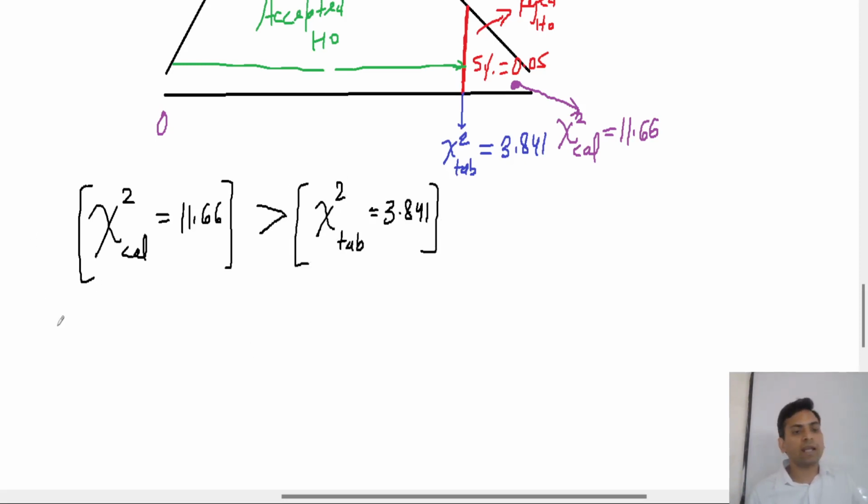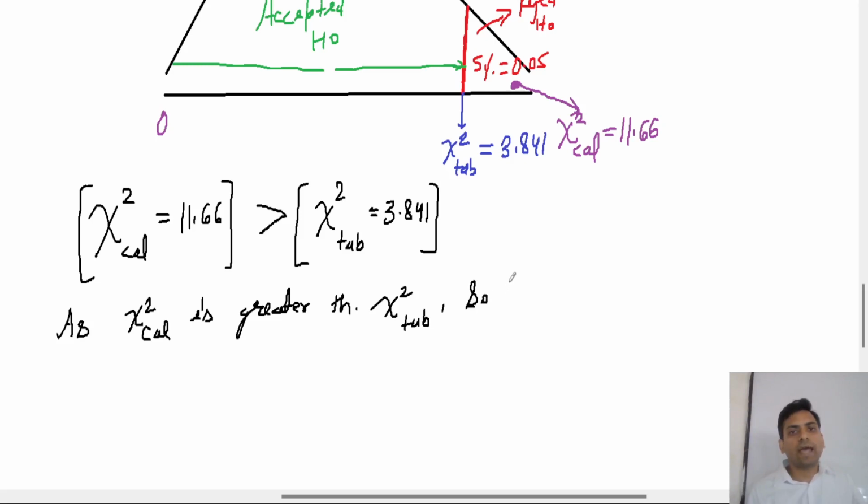Clear? So we can write chi-square calculated is greater than chi-square tabulated.